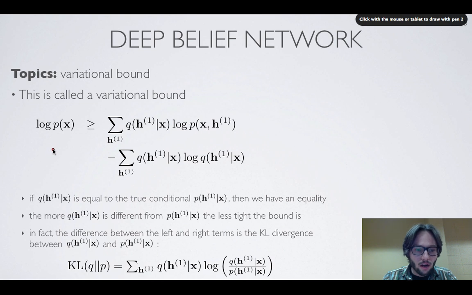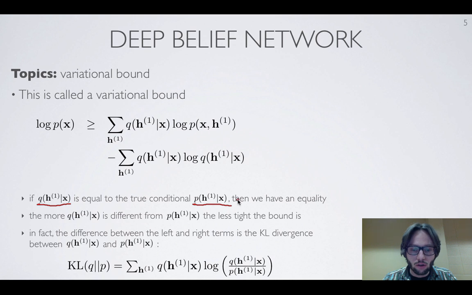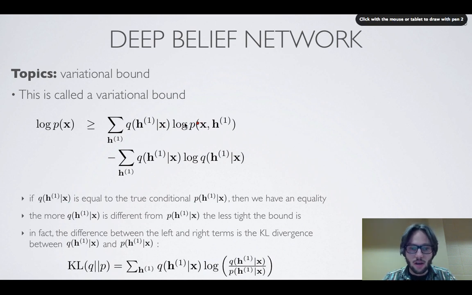One property of this variational bound is that if our separate posterior Q of H1 given X is actually exactly the same as the true conditional in our model, P of H1 given X, then we actually have an equality. So this would be equal. So let's do a very quick and dirty demonstration of this.